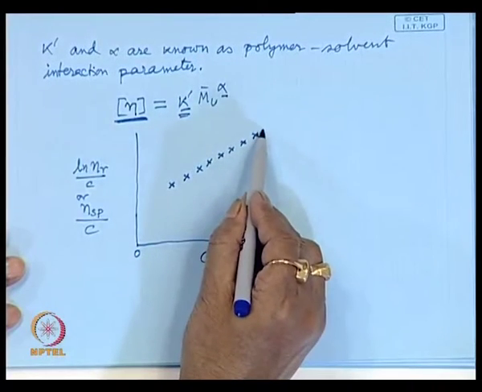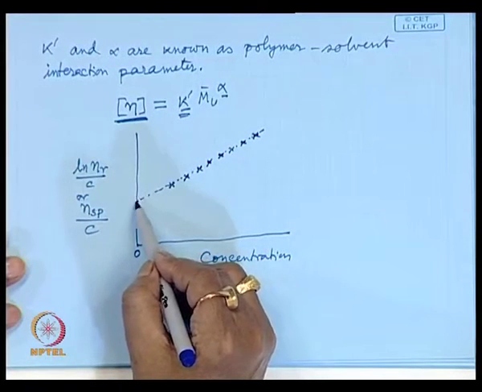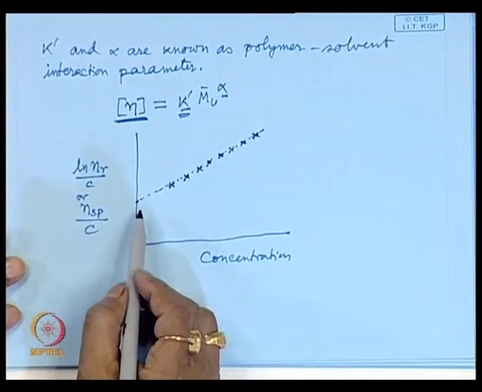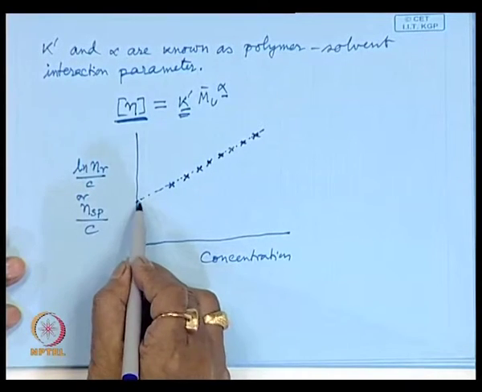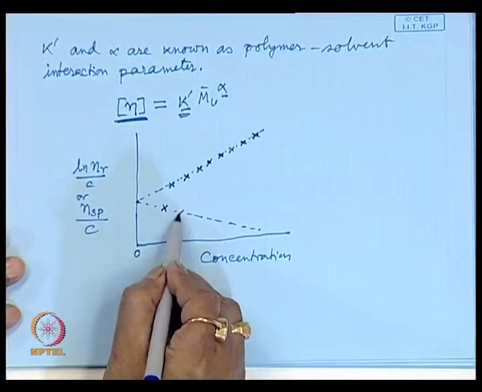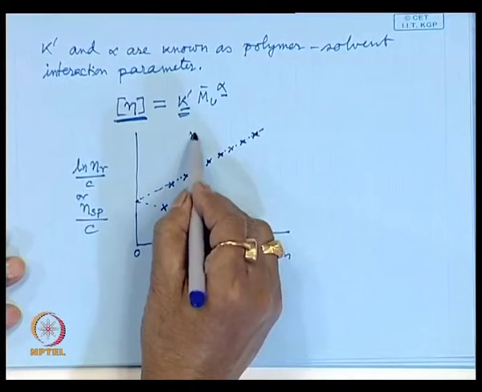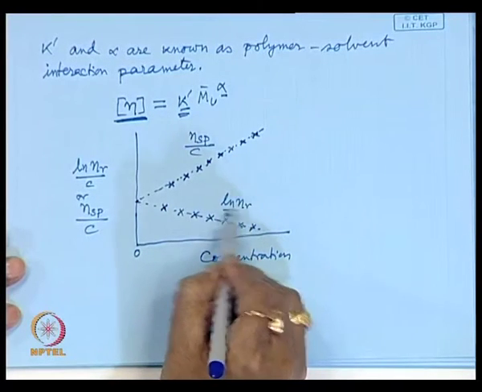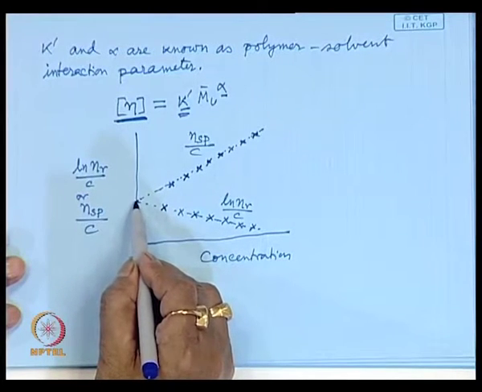Then you extrapolate to the y axis. If you plot ln eta relative by C, it can show you a relation like this. So, this is eta specific by C, this is ln eta relative by C, and you are extrapolating to the y axis.